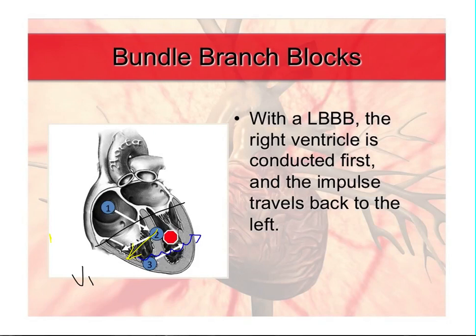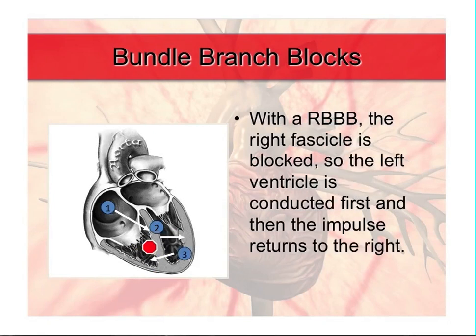So it might look something like that in lead V1. So you'll notice something: when it's a left bundle branch block, the last wave is going away from V1, and when it's a right bundle branch block, the last wave is going towards V1.